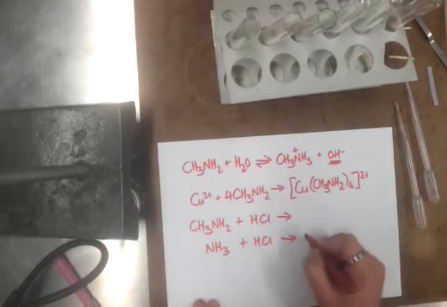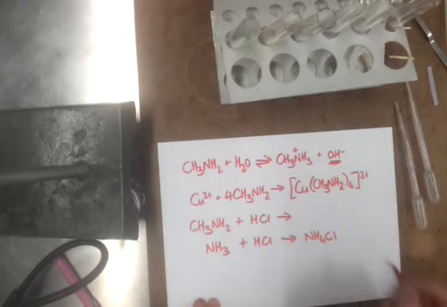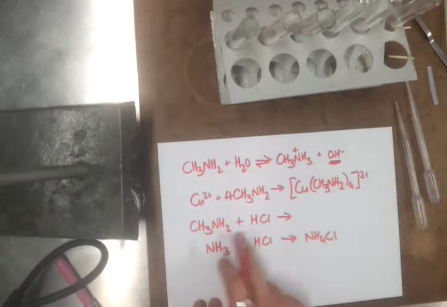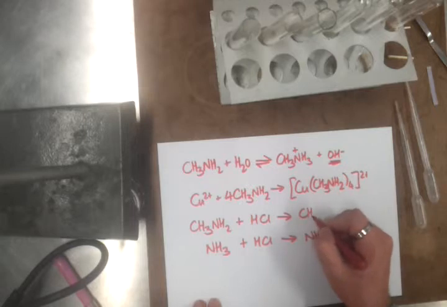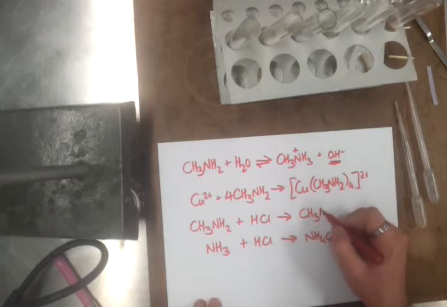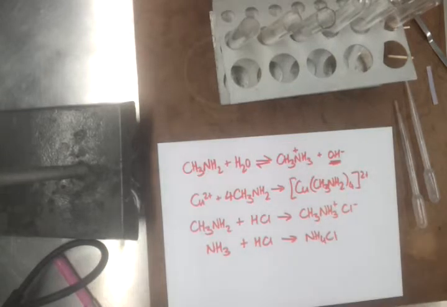This would make ammonium chloride. So this is going to make something that's pretty similar to ammonium chloride. It's going to make CH3NH3+ and Cl-, surely. And it does indeed do this.